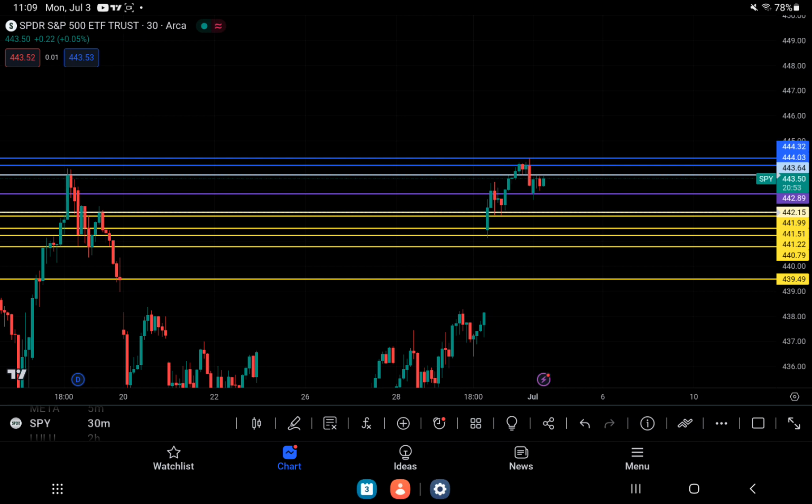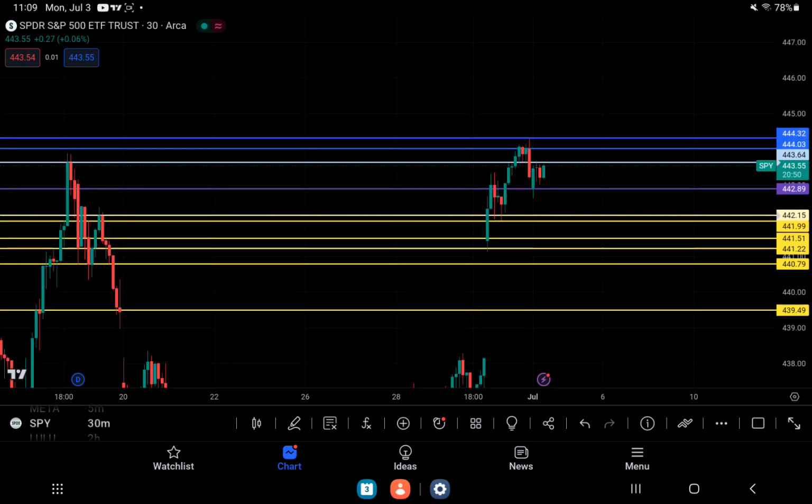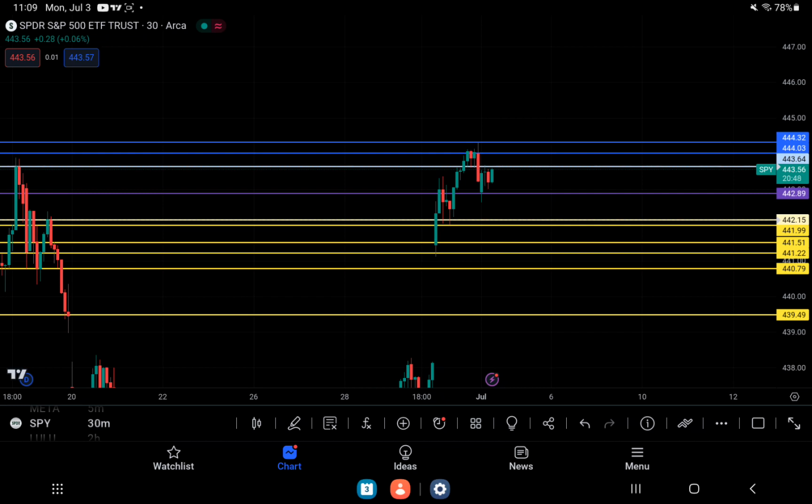And also just know that sometimes it'll come back down to around between 442.89 and 443.64. So 30 minutes, if it closes above entry, the next 30 minutes sometimes it'll come between the purple line and the light blue line.